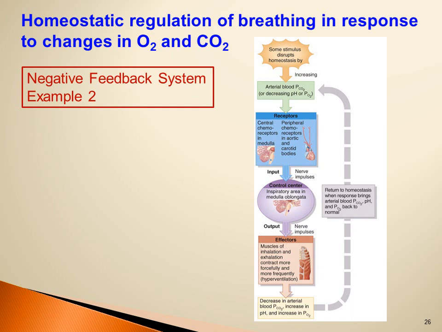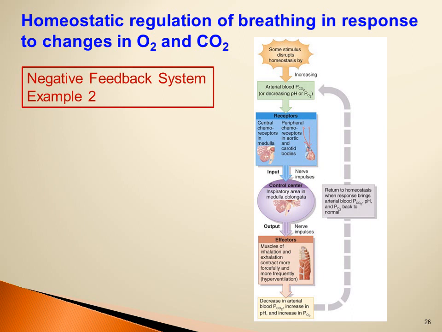Again, the control center will compare the input with the set point, and since there is a difference, it will send nerve impulses to the effectors. In this case, the effectors are the respiratory muscles, both inspiratory muscles that are responsible for inspiration and expiratory muscles that are responsible for expiration or exhalation.